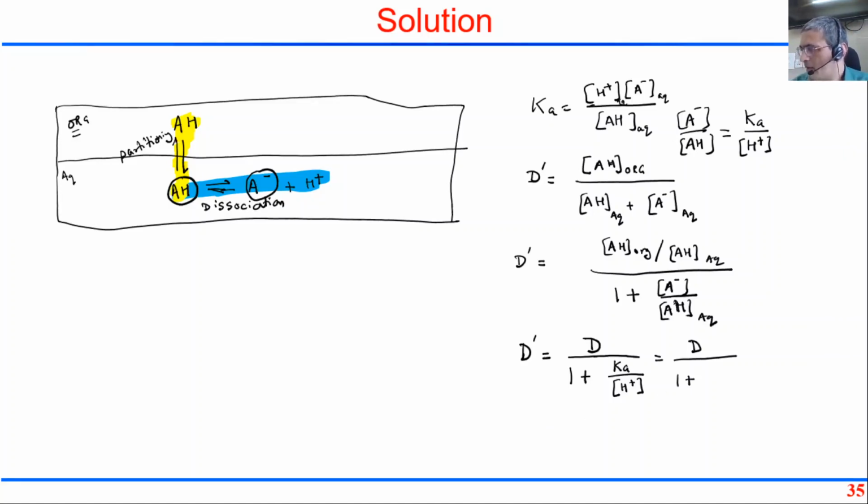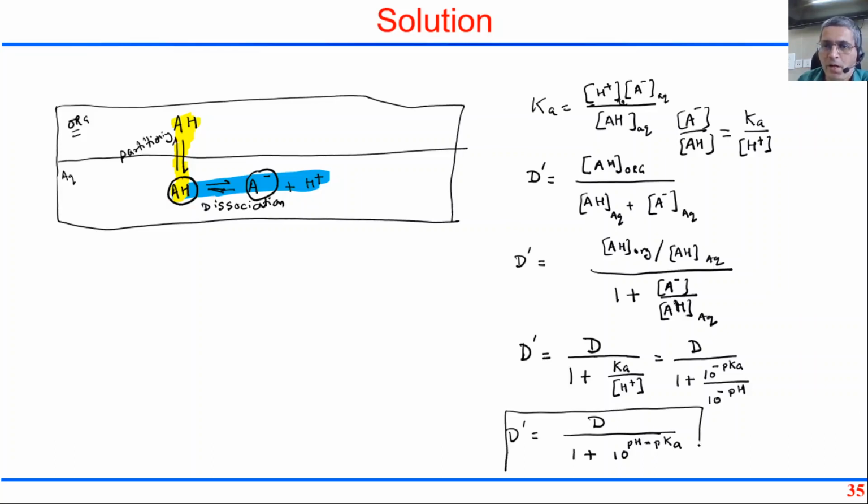Can I not write Ka as 10 raised to minus pKa and H plus as 10 raised to minus pH? Do you agree with that? Or this D prime would simply be equal to D divided by 1 plus 10 raised to pH minus pKa. Do you agree with that?